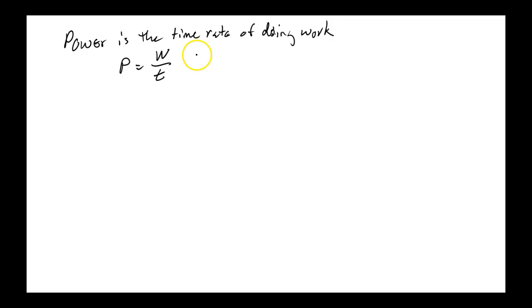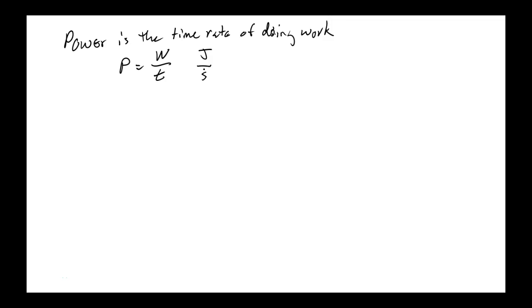Unit for work is the answer to most of our last few problems. How much work was done? What answer did you give me? Newtons was force. Joules, okay. This is a joule per, and what's the typical unit for time? Second. So a joule per second.